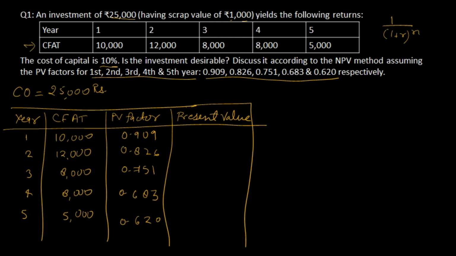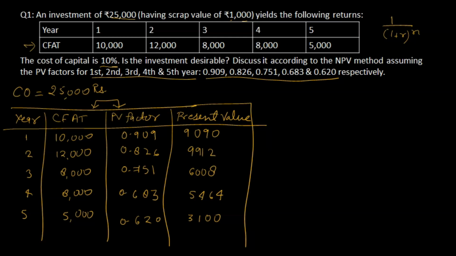Like this we can calculate PV factors. For present value, just multiply these two: CFAT is the future value and the PV factor converts it to present value. So 10,000 multiplied by 0.909 is 9090, then 9912, 6008, 5464. Just check your answers.